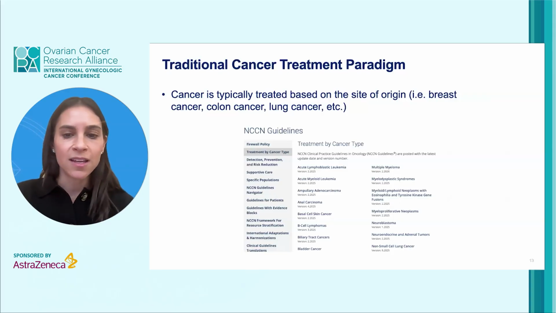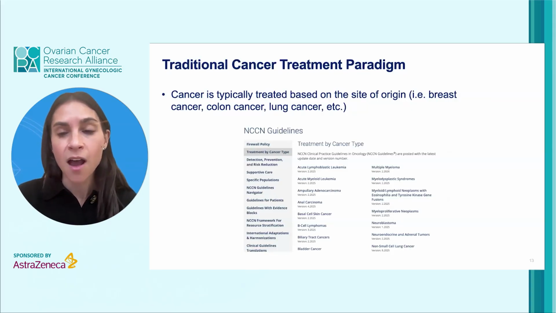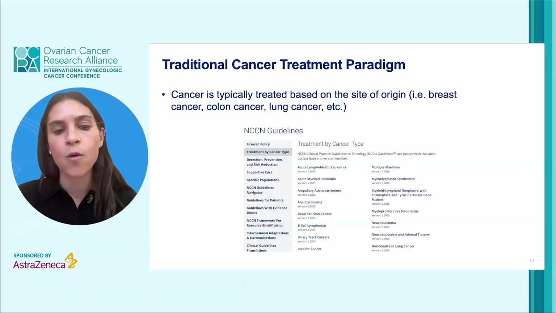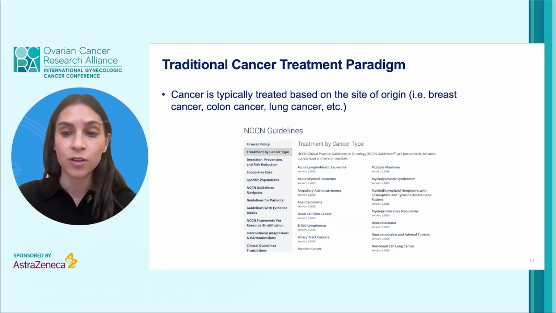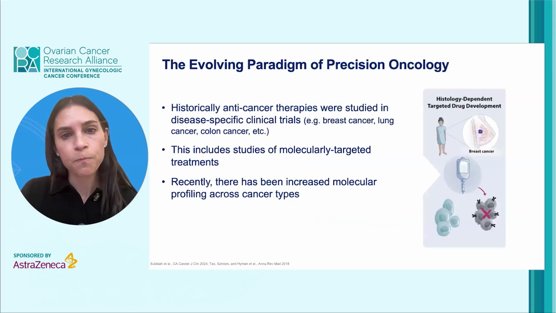And you can see here just a small snippet from the NCCN guidelines, which are guidelines that oncologists use to help guide treatment decisions. The guidelines are separated into diseases, which really correspond to how we think, or at least historically have thought, about these diseases. We treat things based on the tumor site of origin.